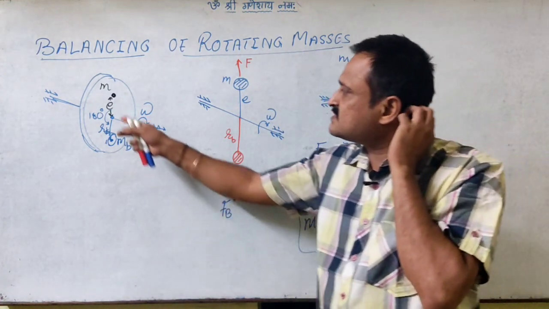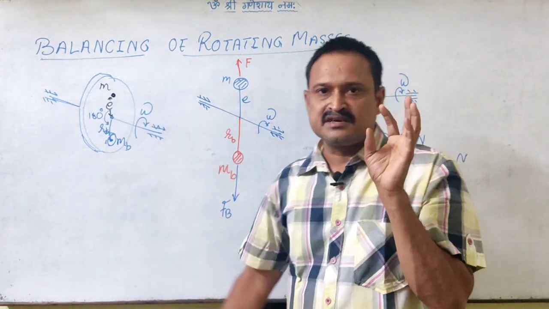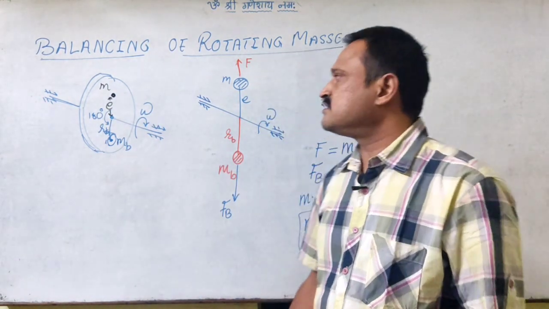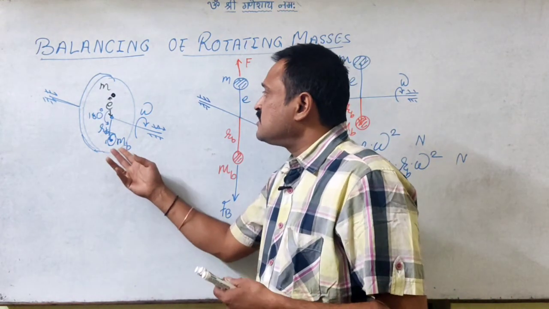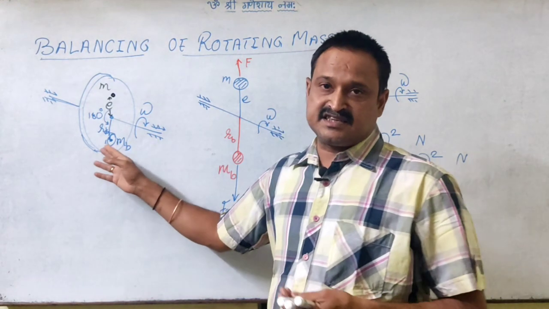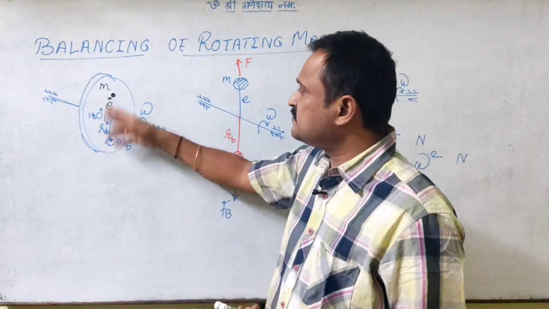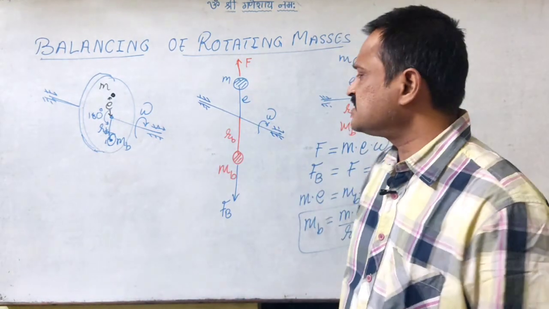So if this is, let us say, 10 kg and the radius is some unit 1, the force will be 10. So for that I will again require a mass of 10 to be placed here. So overall, the total load on this system becomes 20.